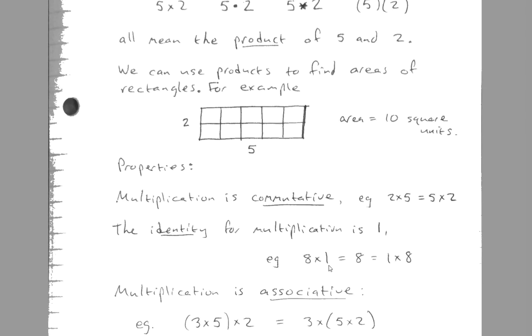So for example, 8 times 1 is equal to 1 times 8 is equal to 8. So the number doesn't change. Yeah, if you multiply a number by 0, it does change. You get 0. If you multiply a number by 1, it doesn't change. So 1 is the identity for multiplication. 0 is the identity for addition.